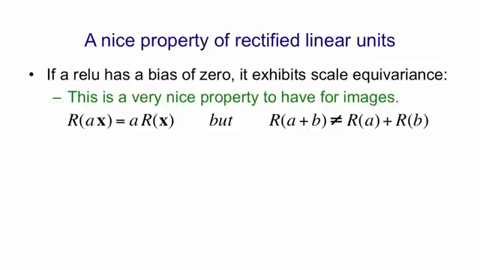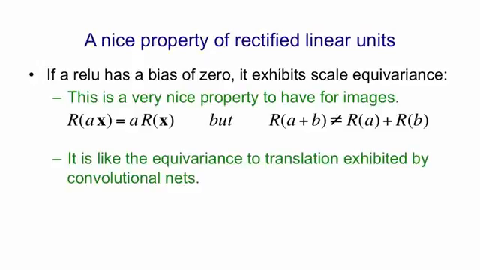Rectified linear units aren't fully linear, because if you add together two images, the representation you get is not the sum of the representations of each image separately. This property of scale equivariance is quite similar to the property of translational equivariance that convolutional nets have.